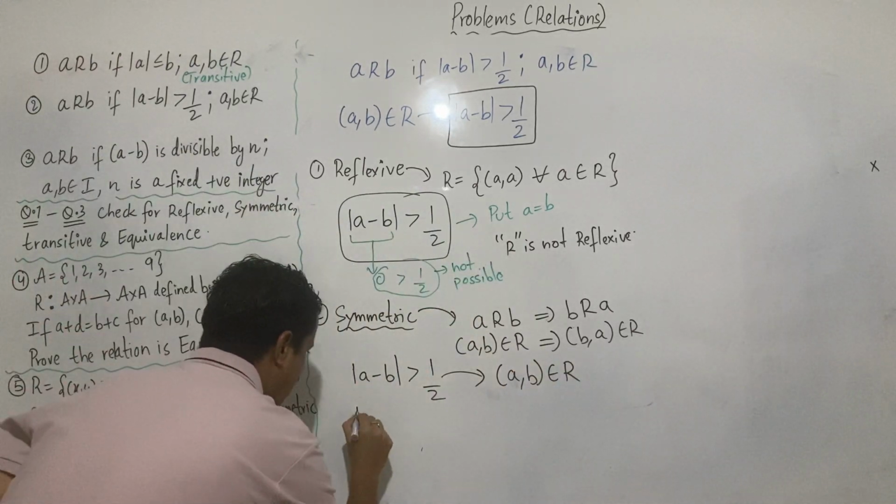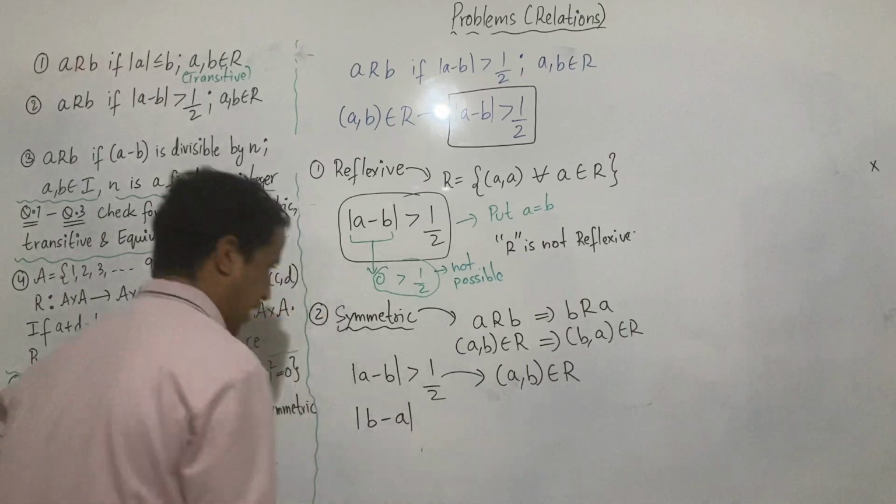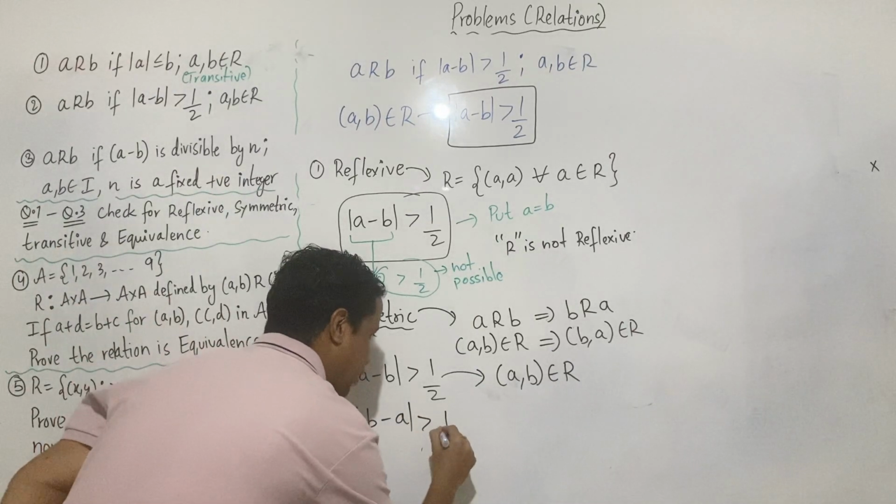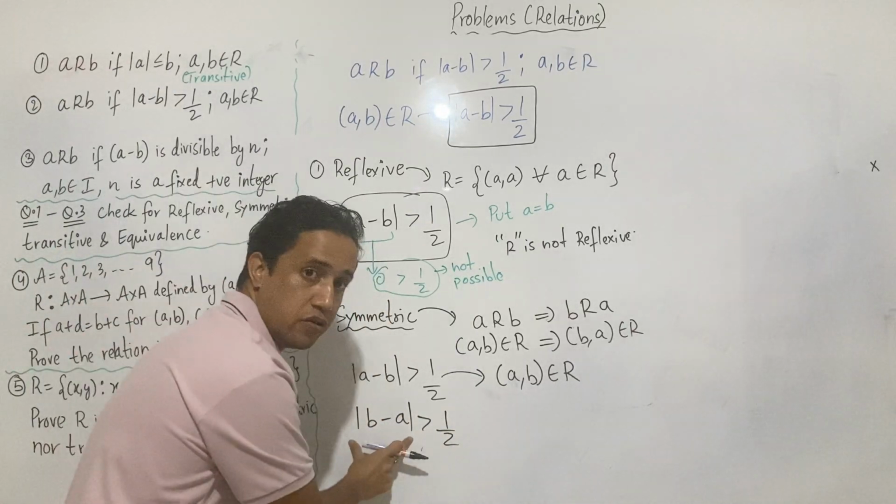But if I say B minus A, then of course it's going to be greater than 1 by 2, because here I have the modulus function.